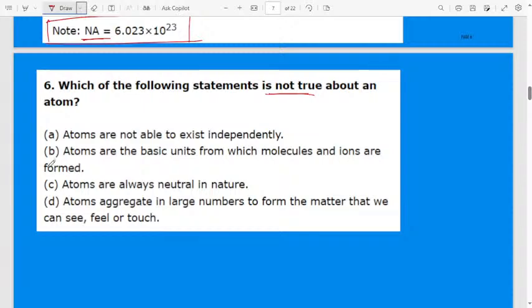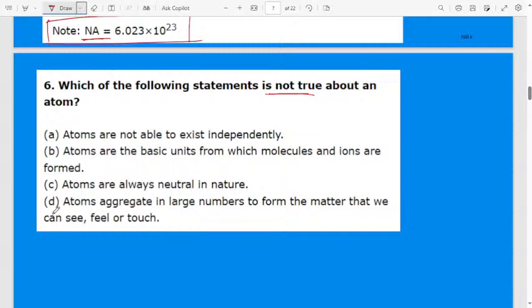Option B, atoms are the basic unit from which molecules and ions are formed. Option C, atoms are always neutral in nature. Option D, atoms aggregate in large number to form the matter that we can see, feel and touch.